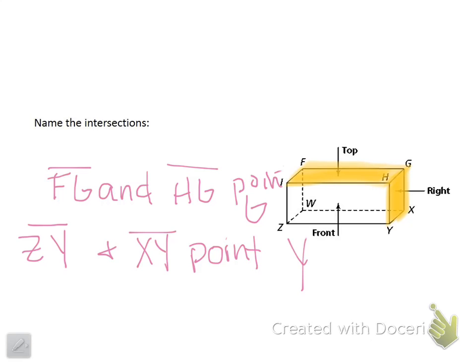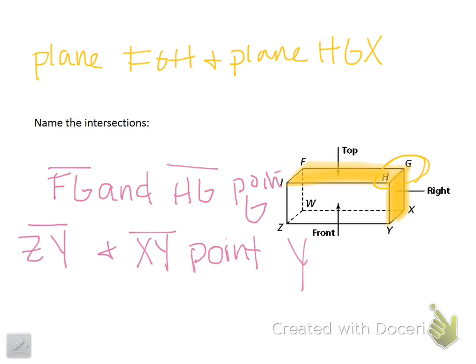So I'm going to write plane FGH and plane HGX. The order doesn't matter when you're talking about planes as long as you include three different points. They're both running into this line segment right here. We're going to write that line segment that they run into, HG or GH. Again, that doesn't matter.